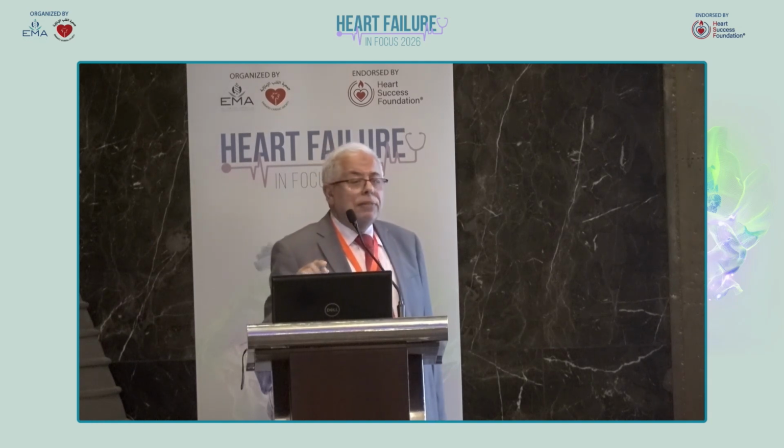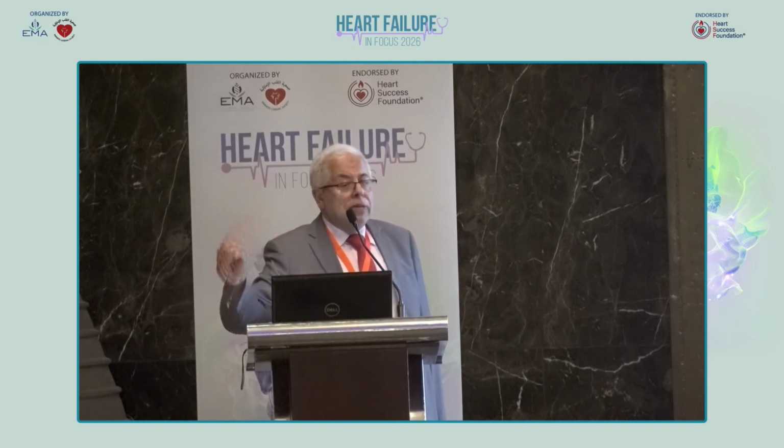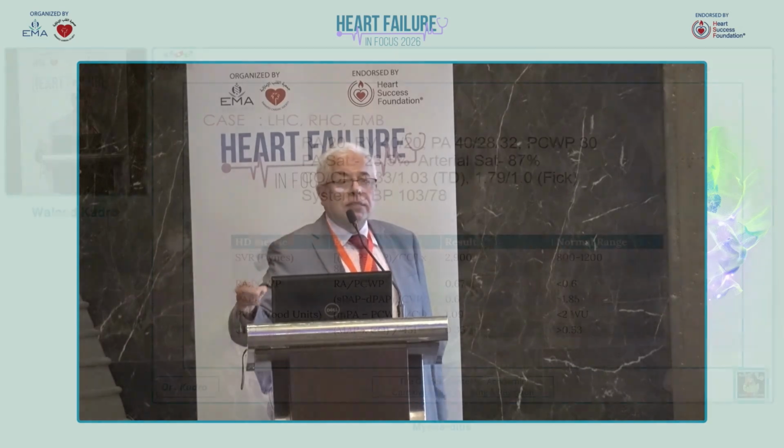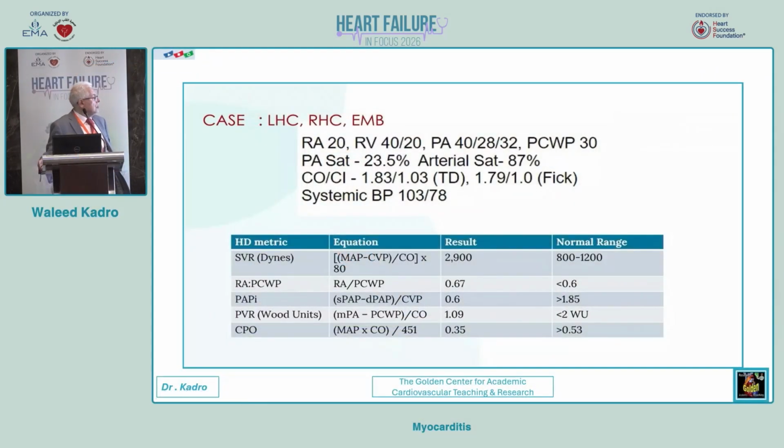And the last one is the measurement of the pulmonary vascular resistance, which Dr. Hani Sabur mentioned. The pulmonary vascular resistance should be below 2. And the last thing to consider is the CPO, the cardiac power output.